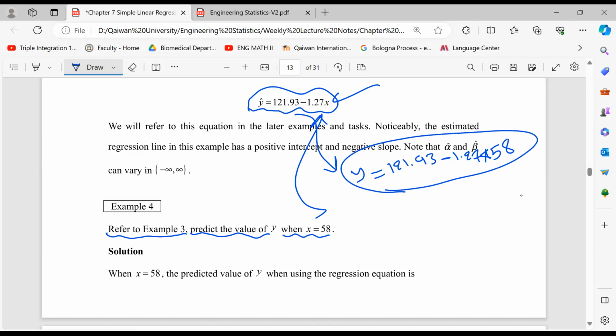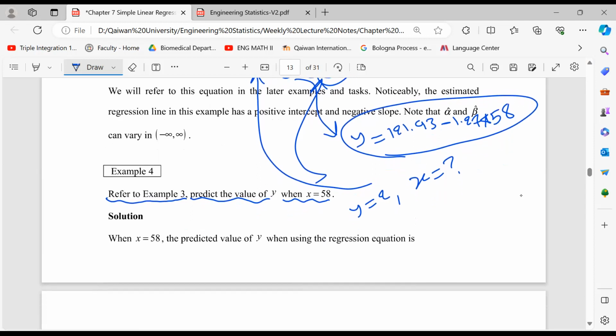What if y is given and x is required to find? Let's say if y is 2, what's the value of x? We plug y here. Instead of y hat, we use 2. And only x is unknown. We calculate it, we write it down for x, and we get the value of x. Okay?